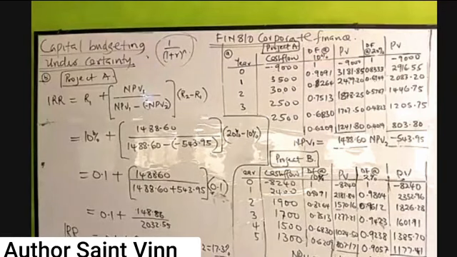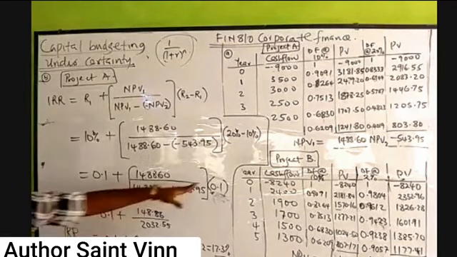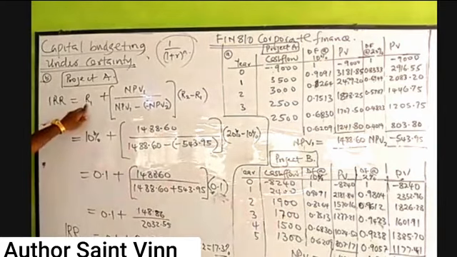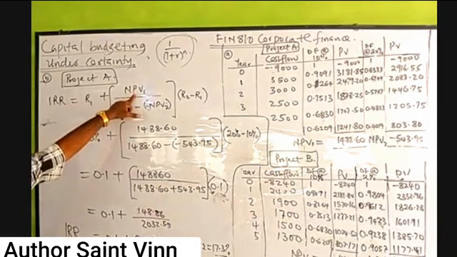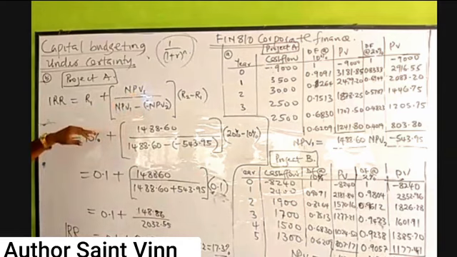Can I clean the board? Okay. So I started from the second one. Yes, for project B, here will be 2%. Here will be 104.26, which is the first one that gave us positive. Yes, positive first.